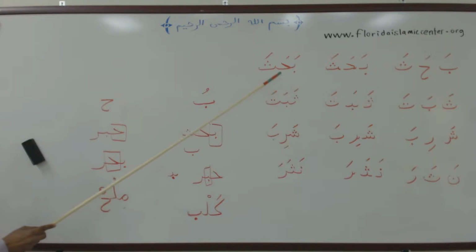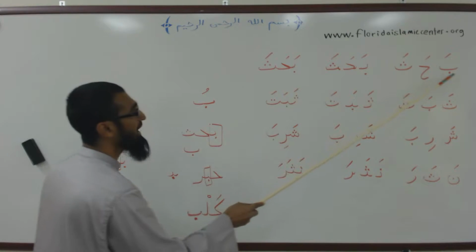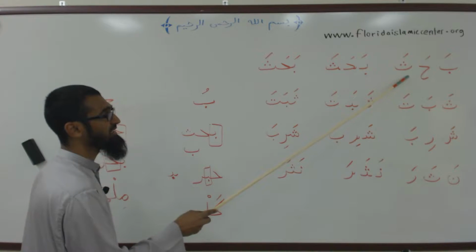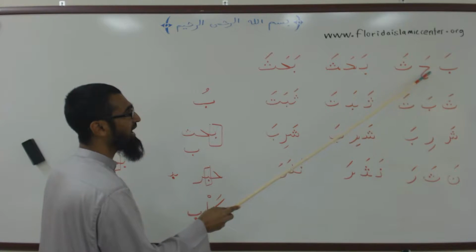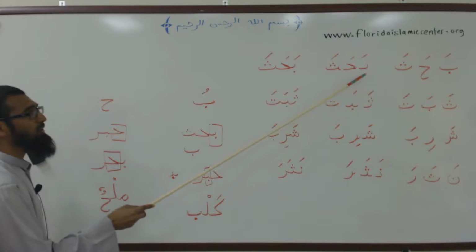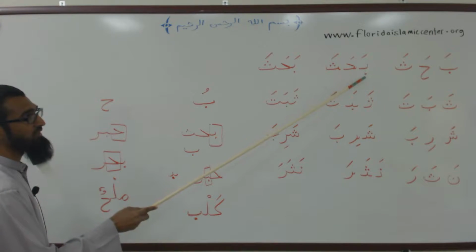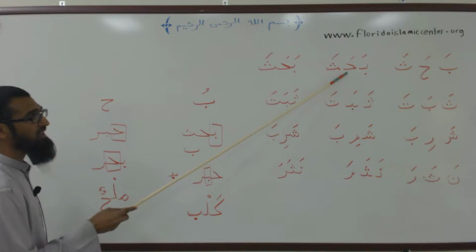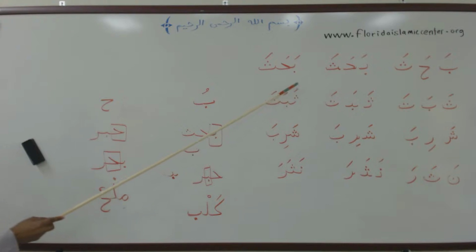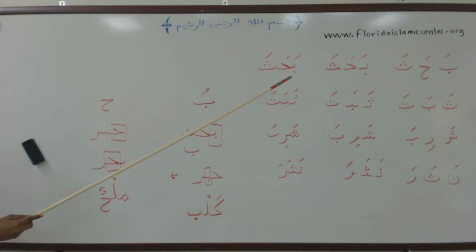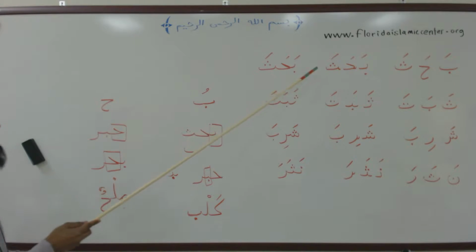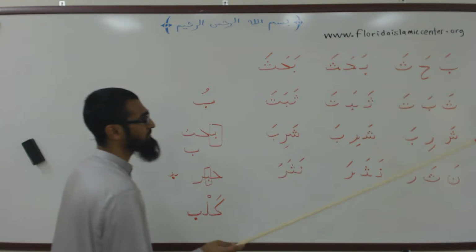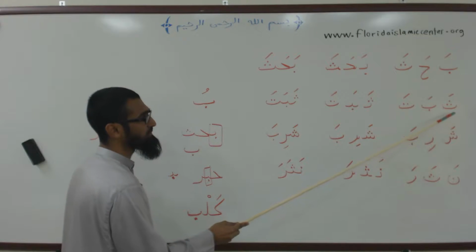But this is the way it looks. Ba, ha, tha. Now we're getting closer to the real thing. This is what it looks like in the end. Bahatha. And bahatha is actually a verb. It means to search for, to look for something.